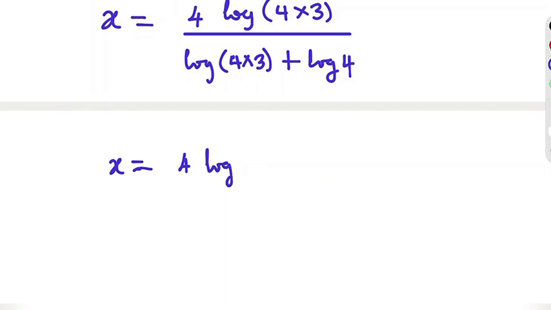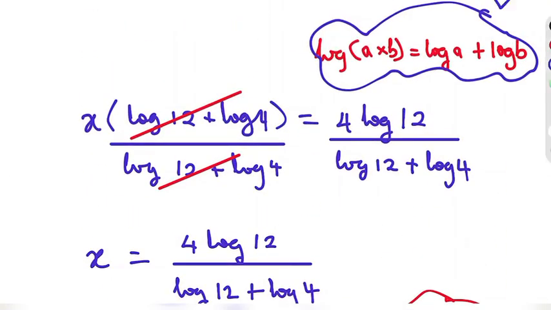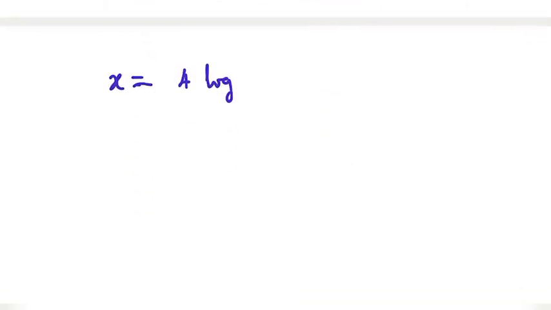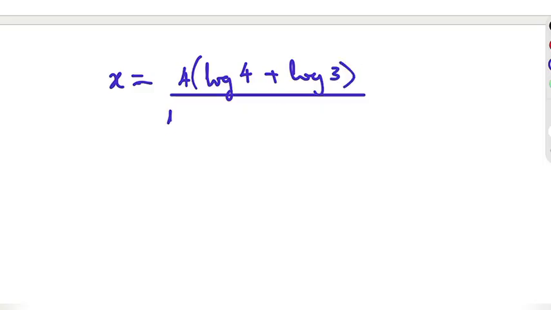Okay, so we are going to have x equals 4 log. From the law of indices, we have applied something before. When you have log of a times b, it is the same thing as log a plus log b. So that is what we are going to apply here too. So we're going to have 4 into log 4 plus log 3, then divided by the same thing here, log 4 plus log 3, then plus log 4.